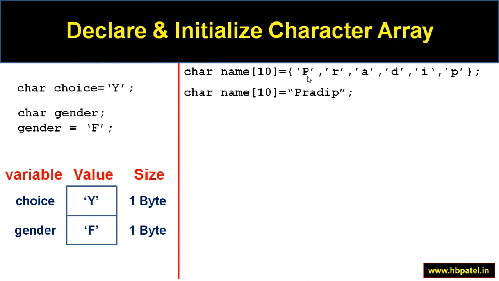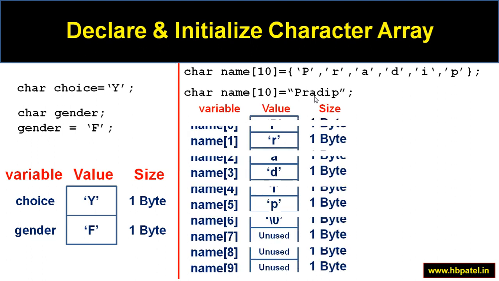If we are dealing with individual characters, we specify them in single quotes, and if we are dealing with an entire string, we can put the entire string in double quotes. These two are the same thing, two different ways to represent a character array.